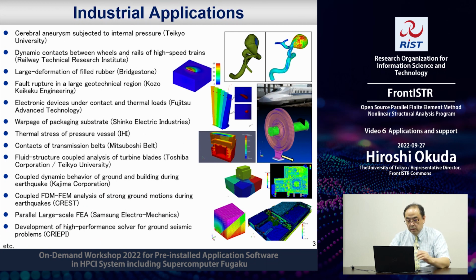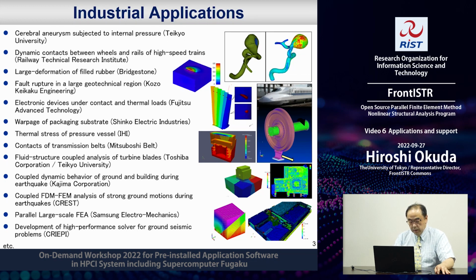Okay, this is the list of the industrial applications, or the list of the research collaborations between the industries and the academies. You can see the title of the research and the name of the counterparts.